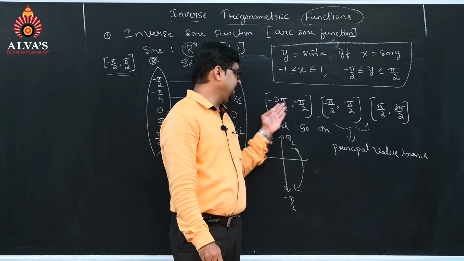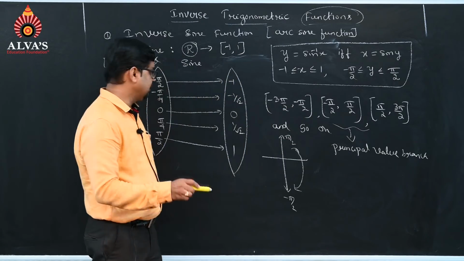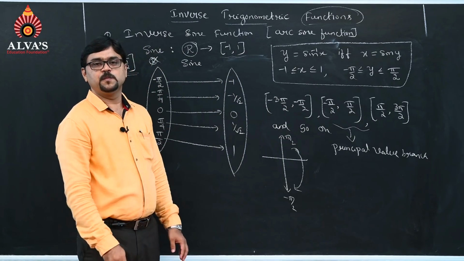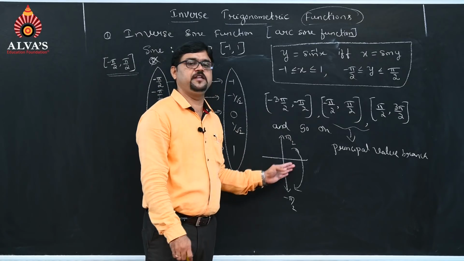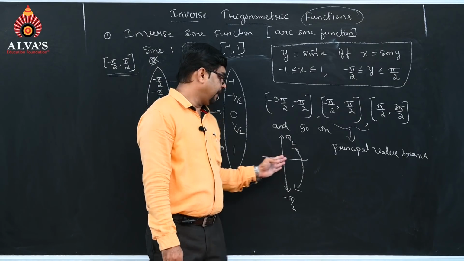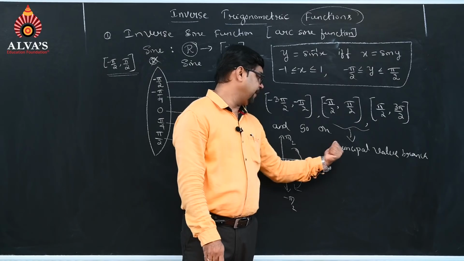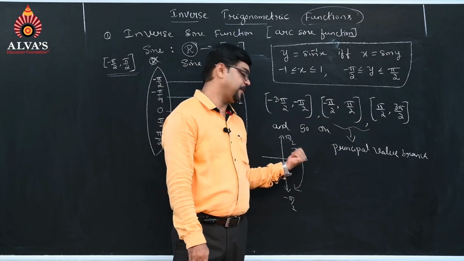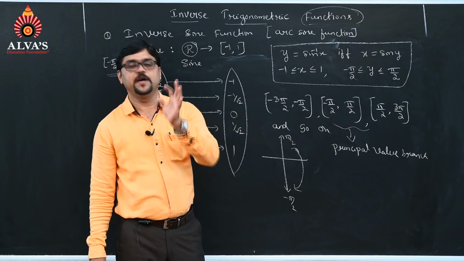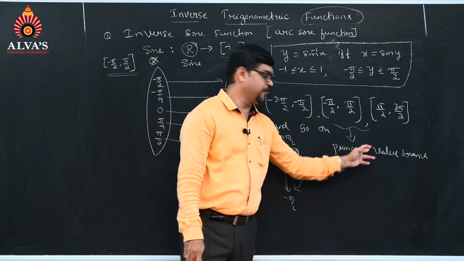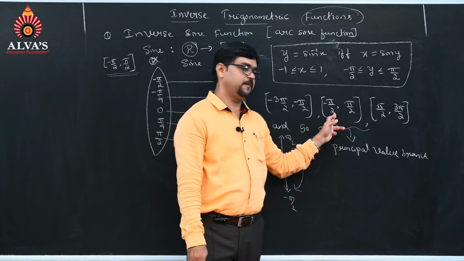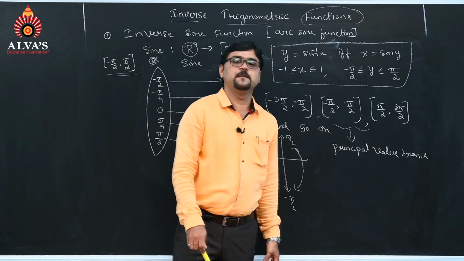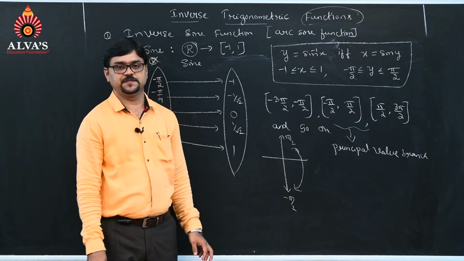If you take minus 3 pi by 2 to minus pi by 2, then also you will get 1-1 and onto. But this is more convenient, so that all of you can find the values between minus pi by 2 and plus pi by 2 very easily and very quickly. That's why it is universally accepted as one of the best branches, and so it is called the principal value branch.